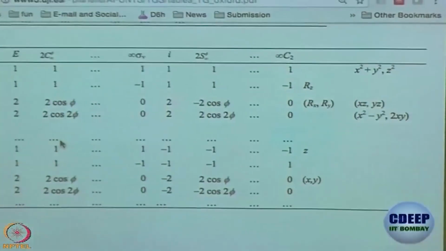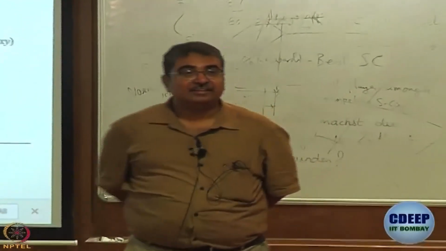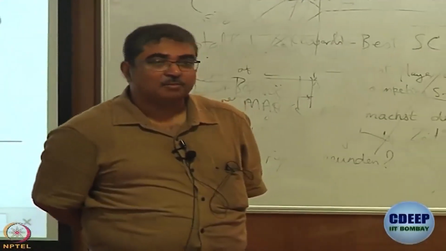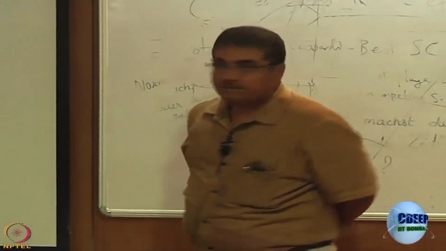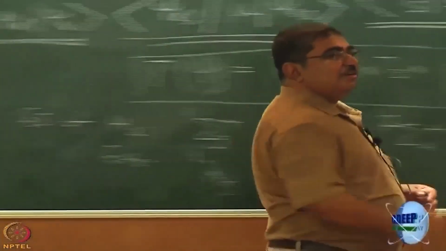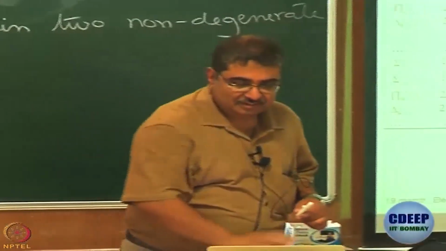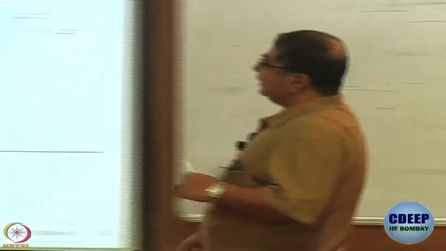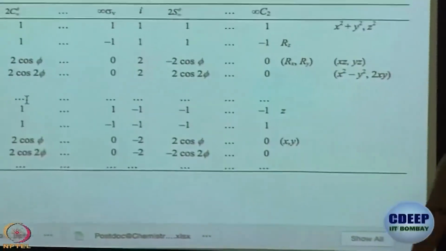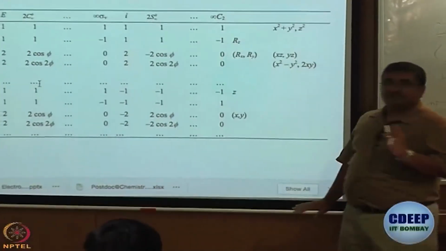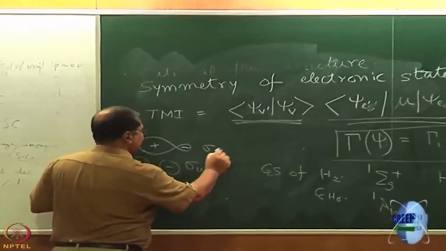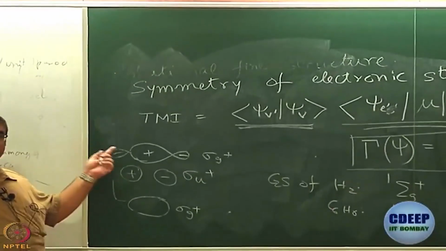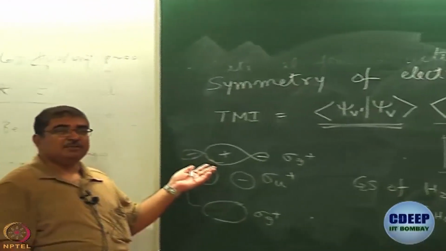Sigma V. What is the character for sigma V? 1. What is the character for I? 1 or minus 1? 1. Very good. What is the character of S infinity? 1, sure. And what is the character of C2? 1. So it is still sigma G plus. Similarly, the antibonding orbital will still be sigma U plus.